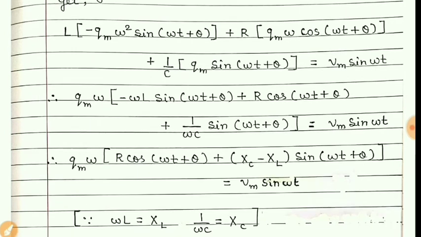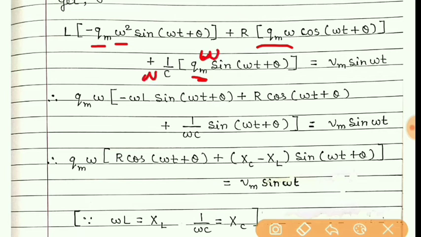Now in all these terms on the left hand side, here q and omega is there, here also q and omega is there, here only qm is there, there is no omega. So what we'll do, we'll multiply by omega and divide by omega.